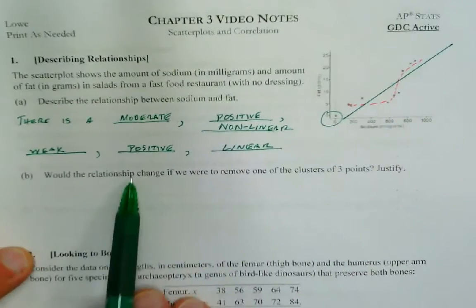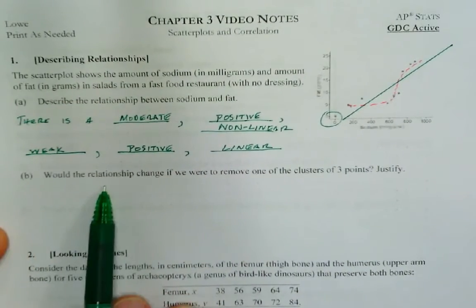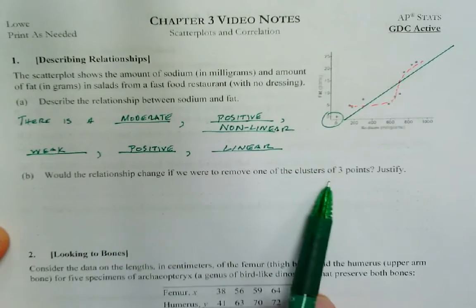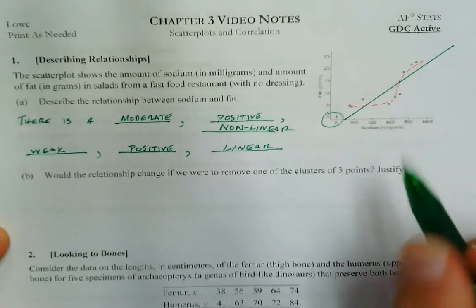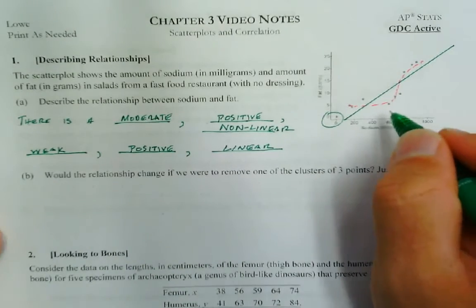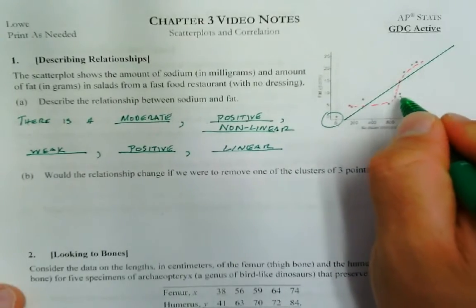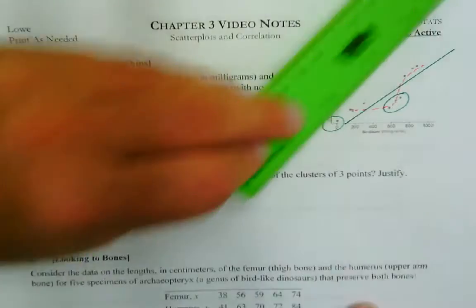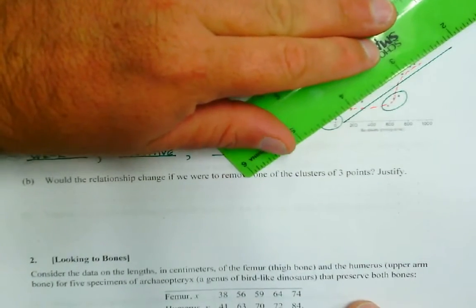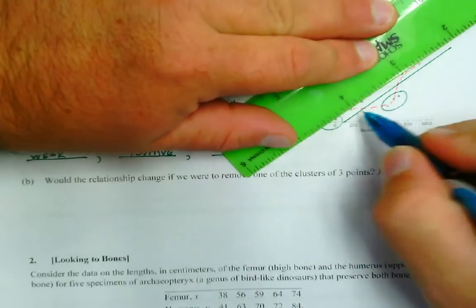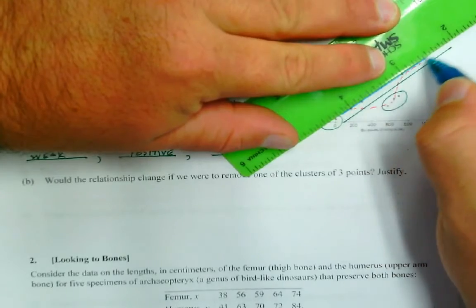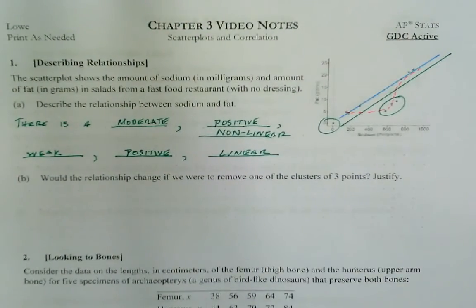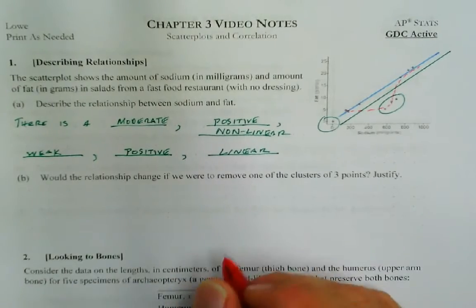Now, what would the relationship change to if we were to remove one of the clusters of 3 points? So, for example, if I was to take out that cluster of 3 points, now all of a sudden I might say, if I take a line and go through those points, it seems to fit those points really, really well.